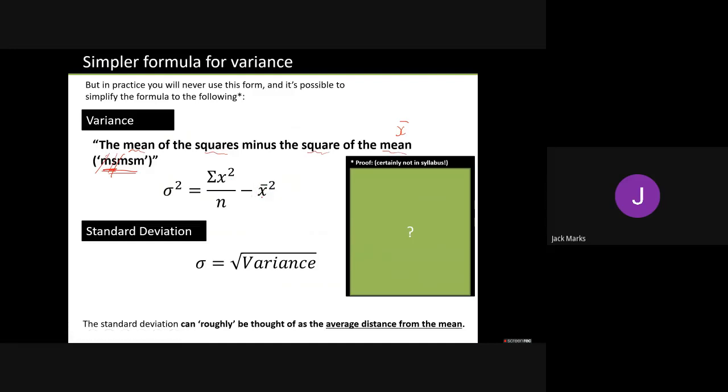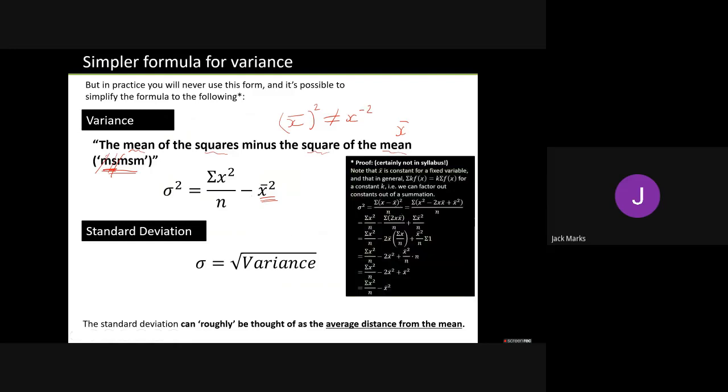And this here, okay, this value, the way it's written, really we're saying we have the mean and then we square it. Please do not be confused with this because this has a different meaning. And you don't need to know how to do this, but you may be interested to see that you can take the form from before, expand out brackets, play around, and you will actually get to this form here.